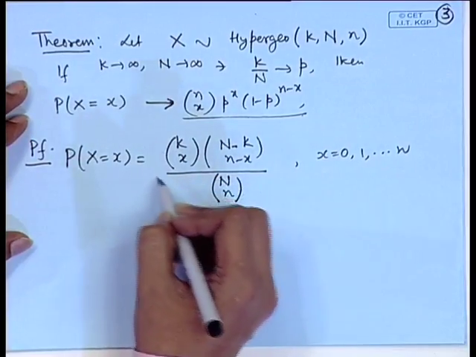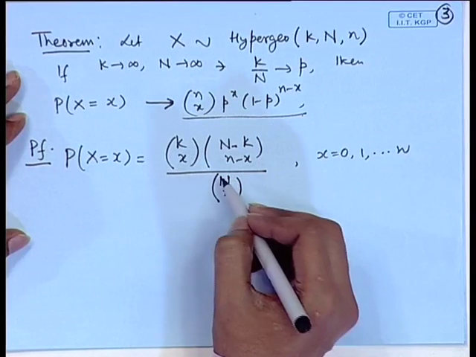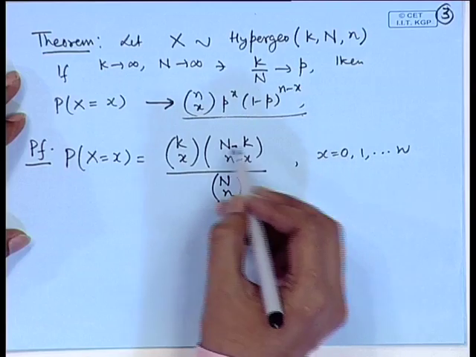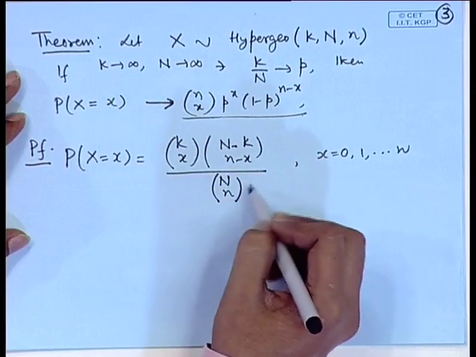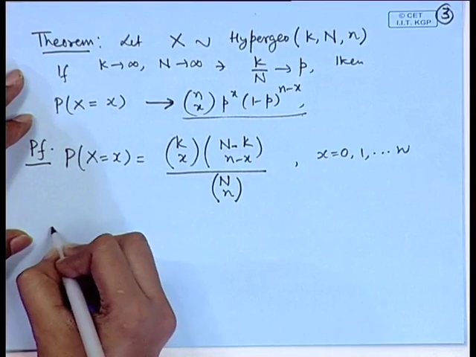Now, if we want to take the limit of this as k tends to infinity and N tends to infinity, such that k by N tends to a fixed number, we have to look at the expansion of these binomial coefficients, because here we cannot take the limit. So, let us look at this.